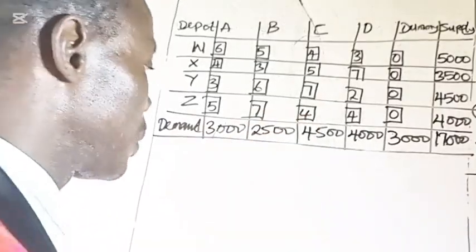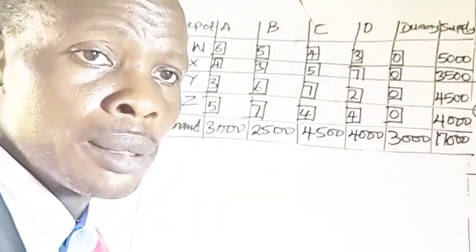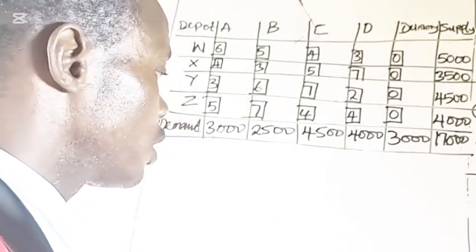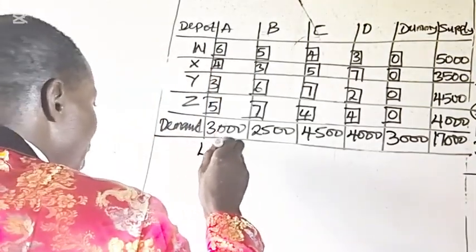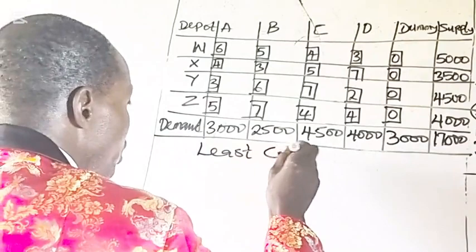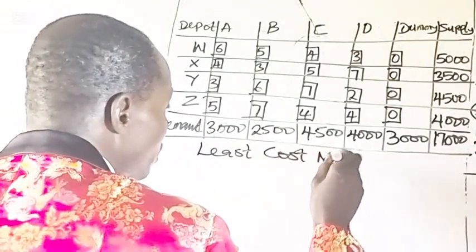You are to solve the transportation problem using the least cost method and Vogel's approximation method. So we want to start with the least cost method now.